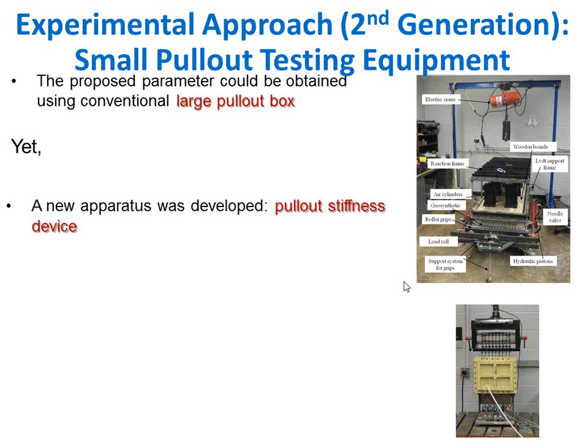A big question for this, and this has been going on forever, is the boundary effects. But we concluded two things. First, everything that we have learned about boundary effects on pull-out tests is based on conditions at failure.